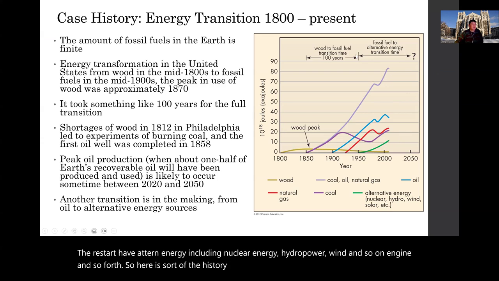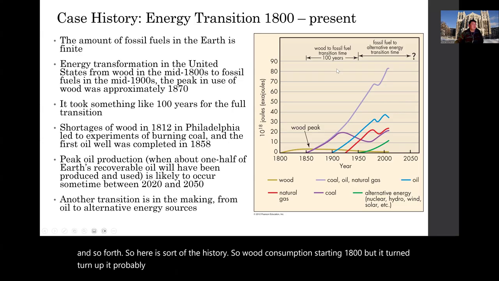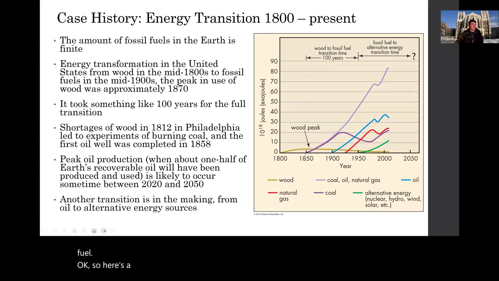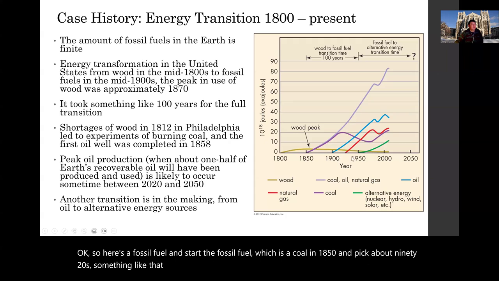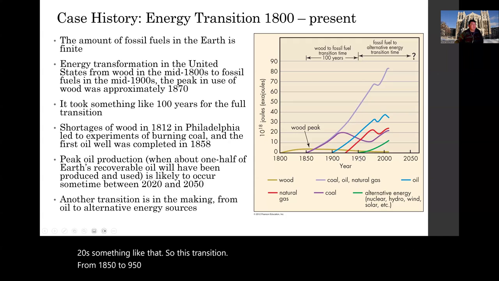Wood consumption starts in 1800, but it probably takes about 100 years for us to transition from wood to fossil fuel. Fossil fuel, which is coal, starts in 1850, and the transition from 1850 to 1950 probably takes about 100 years for the full transition.